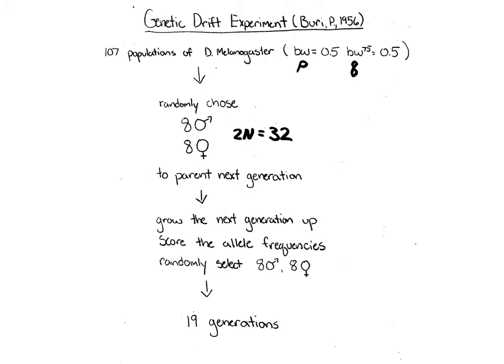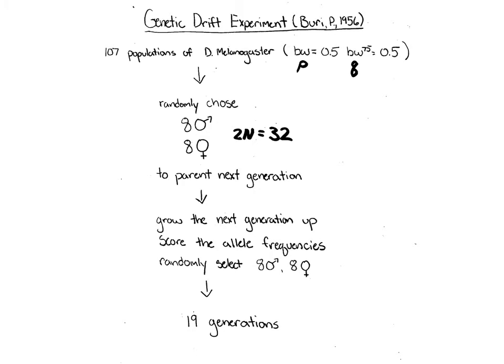So then he's going to start 107 more second generation populations, grow those up, and score the allele frequencies. Again, it's a small population size, so it could be that of those 32 alleles he selected from the previous generation, half of them are BW and half of them are BW75, but due to random sampling error, it might not be that.